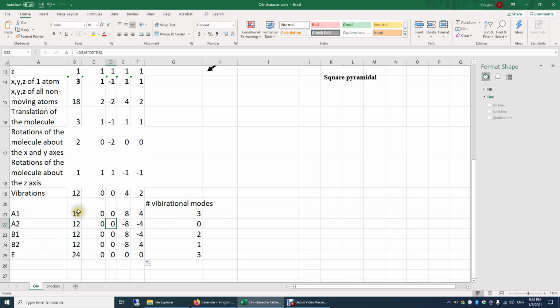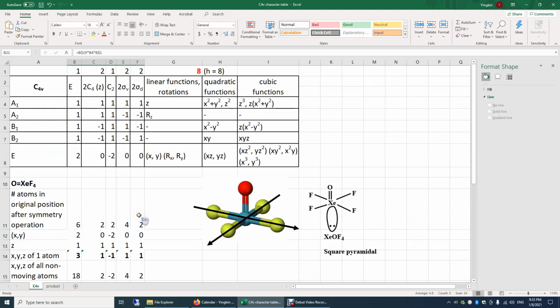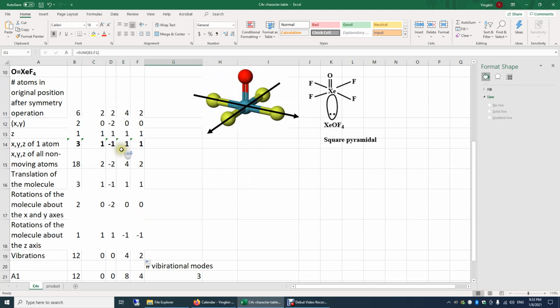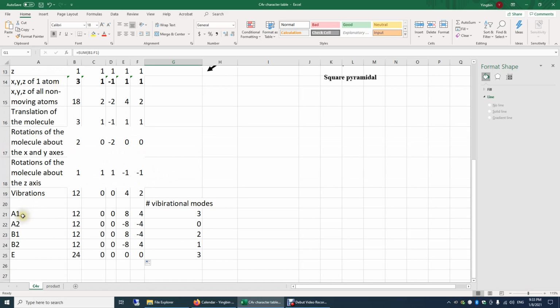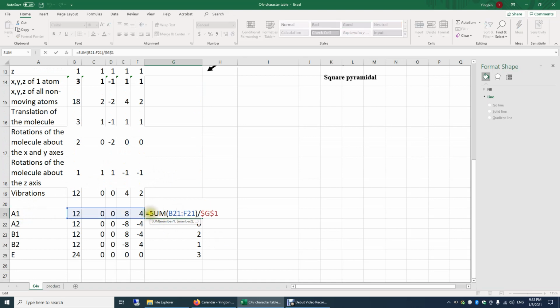Now we just need to sum up these 5 numbers and then divide the sum by the order of this character table. We'll get the number of A1 irreducible representations. So over here, it's the sum of these 5 numbers divided by the order of the C4v point group, which is 8.